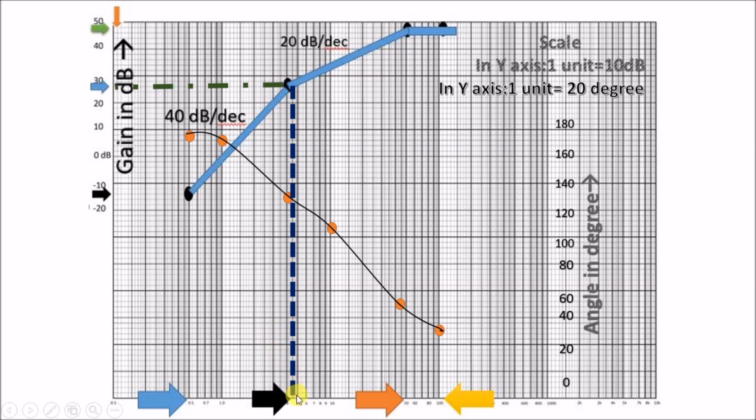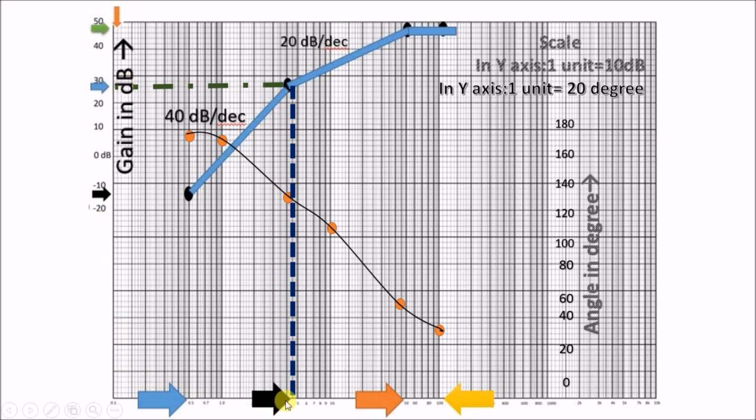First plot a straight line parallel to the gain axis exactly at 5 radian per second, which crosses the gain line. Then at that point you take a horizontal line which crosses the gain scale in dB.